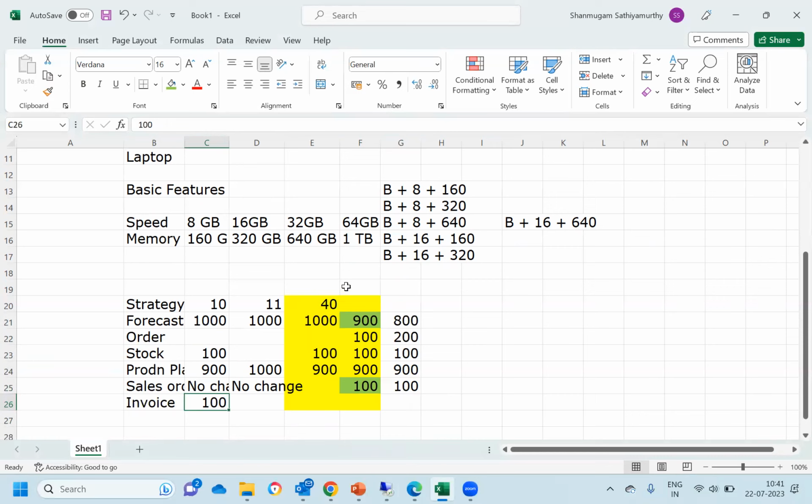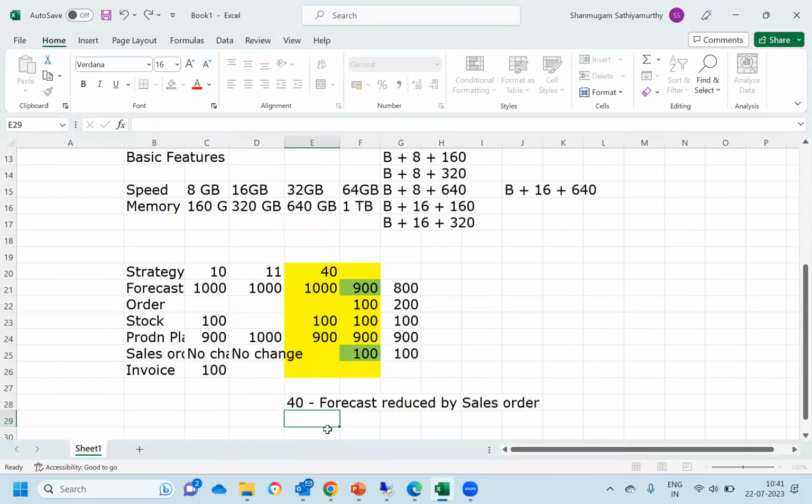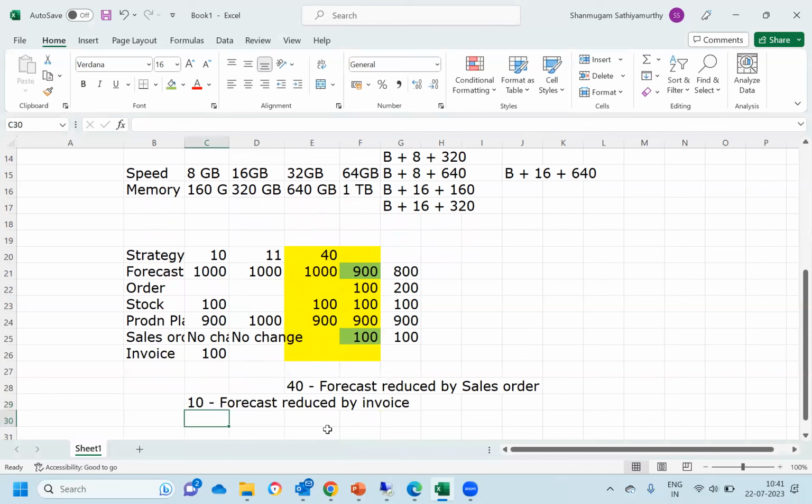In case of 40, the forecast is reduced by sales order. In case of 10, the forecast is reduced by invoice. You can just keep producing. Unless you sell it, the forecast will not come down. If you produce 1000 and complete 1000, that is done, finished. Is it clear?